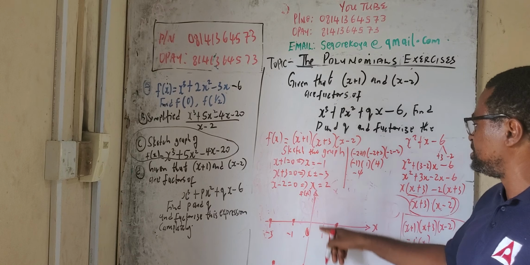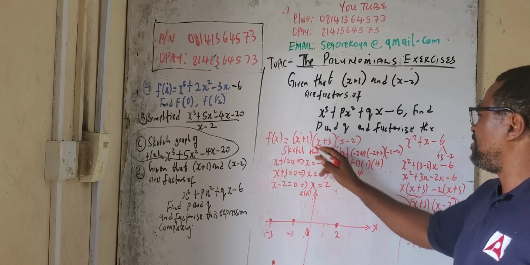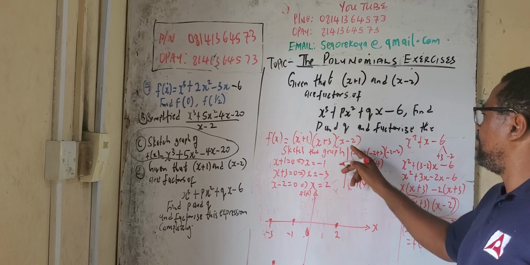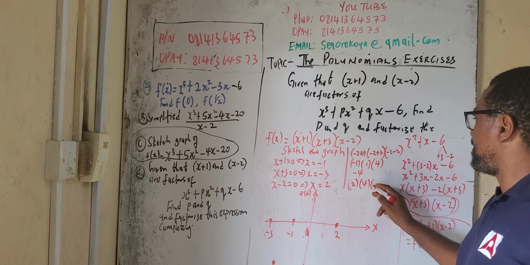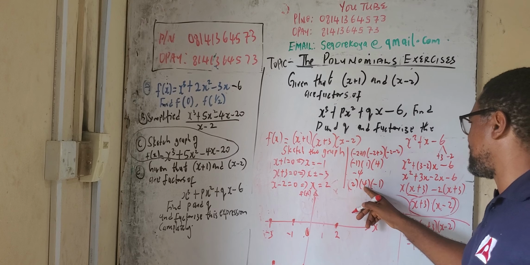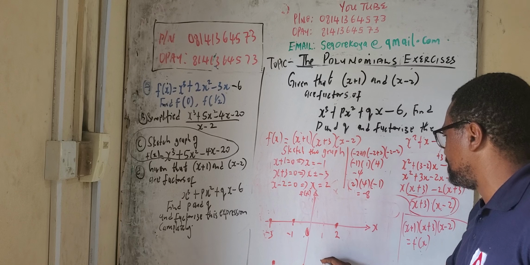By putting x to be 1. So when we put x to be 1 here, we have 1 plus 1, 2, 1 plus 3, 4, 1 minus 2, minus 1. 2 times 4, 8, times minus 1, that is minus 8. So that means my polynomial function will be down here also.